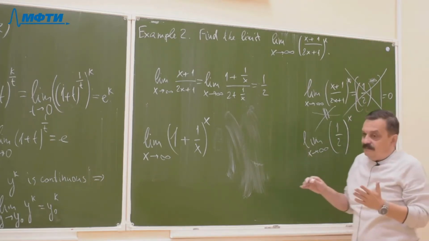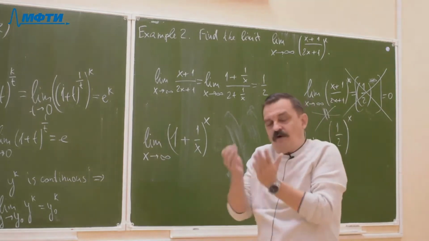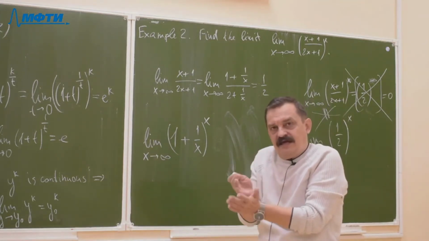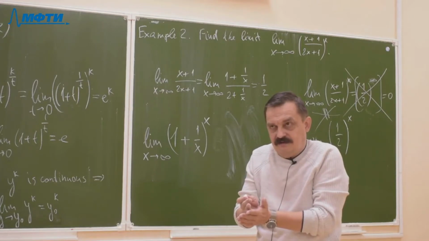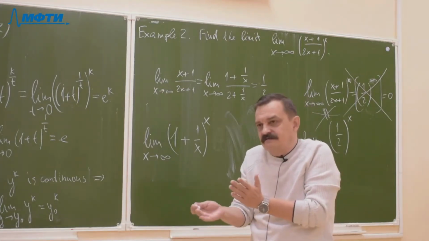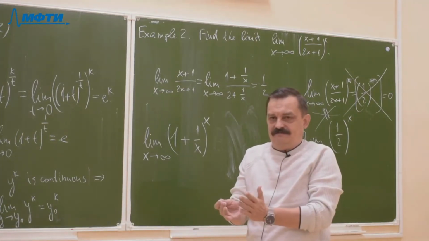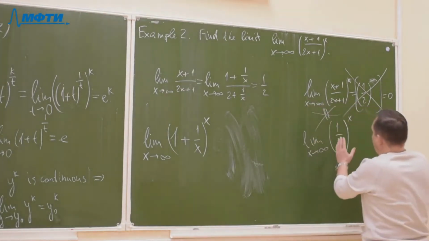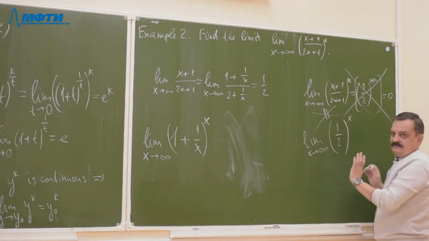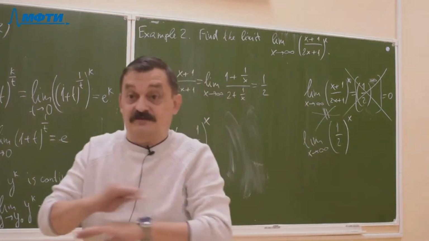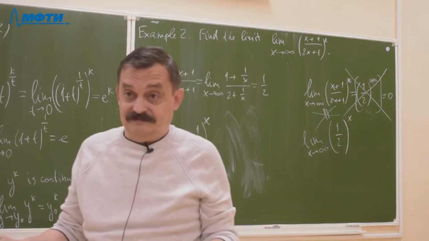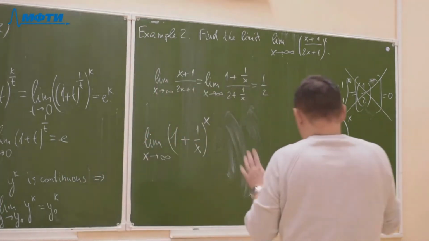So it means you have one process, x tends to infinity. You cannot do it separately, like, okay, let us do it in the base, and later we'll do it for the exponent. That is wrong. You should do everything simultaneously.